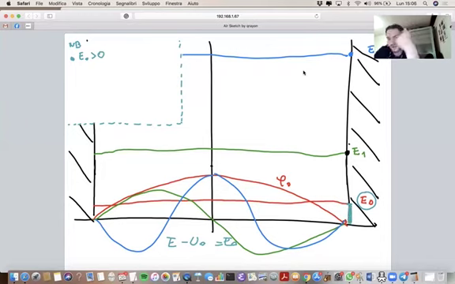It's not something we can set to zero, because if you set E naught to zero, we are setting U naught to minus the potential. So the minimal energy that the particle can have in a box, with respect to the potential energy, is non-zero. If I were to interpret this classically, I would say the particle can never be at rest.